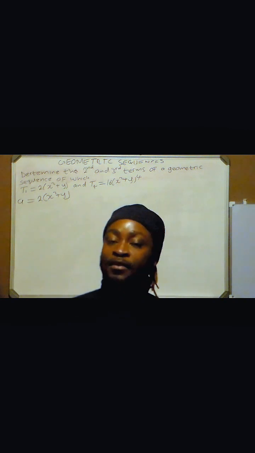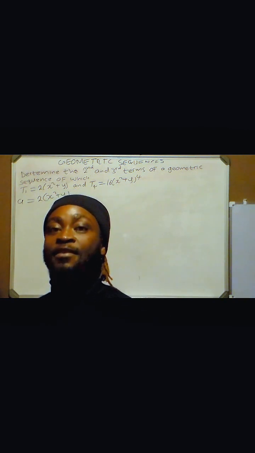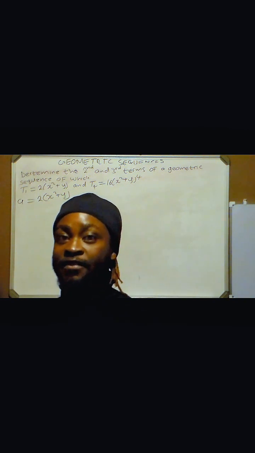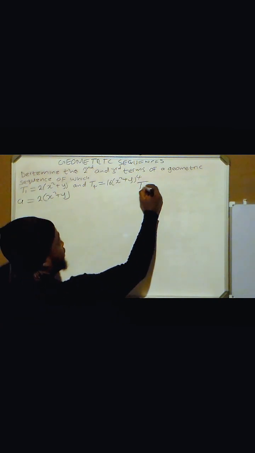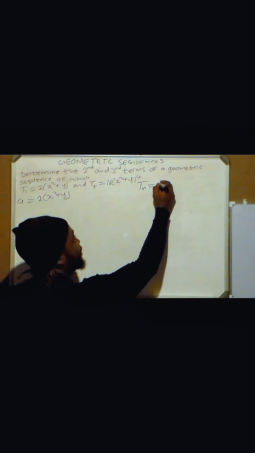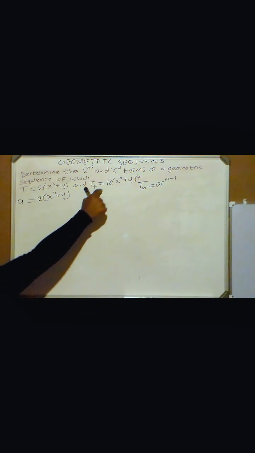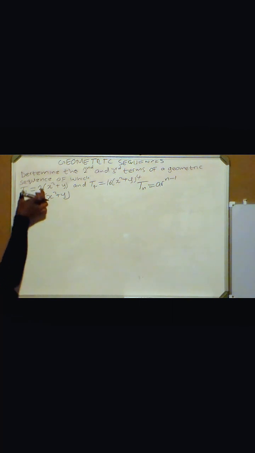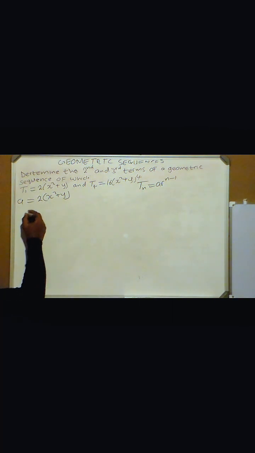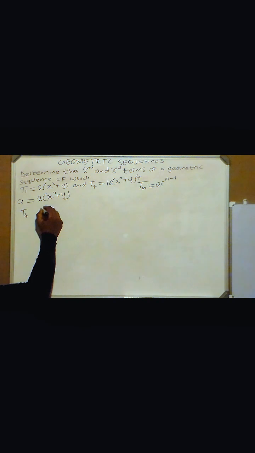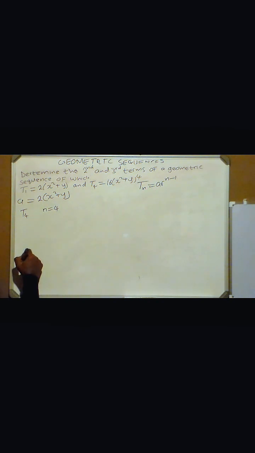So we know that we are dealing with a geometric sequence. We have to find the common ratio that will multiply the first term to give the second term, and multiply the second term to give us the third term. So we will use our general term equation, a r to the n minus 1. For a we have already used t1. For t4, we know that n should be equal to 4.